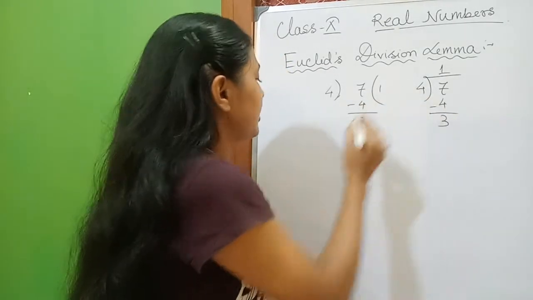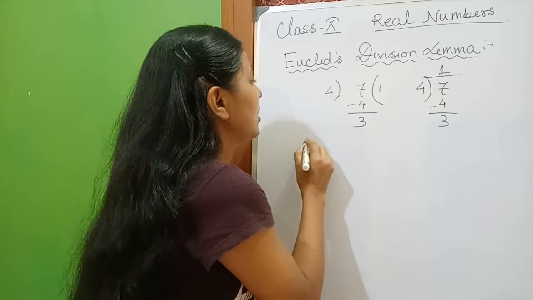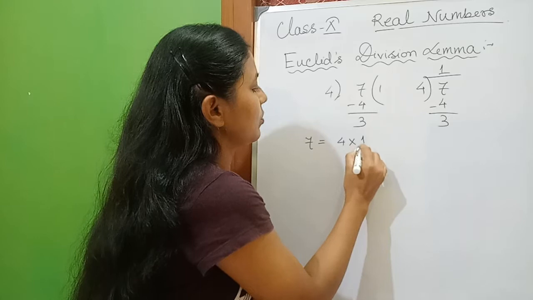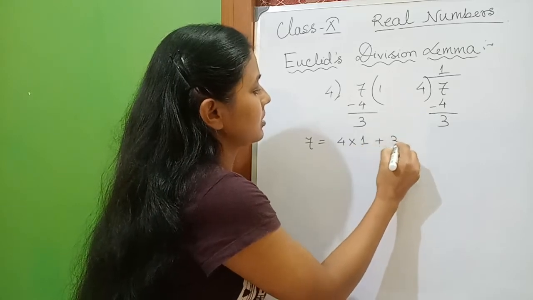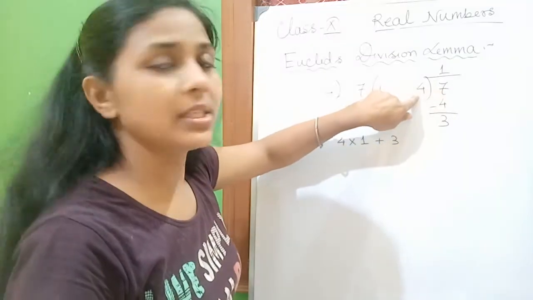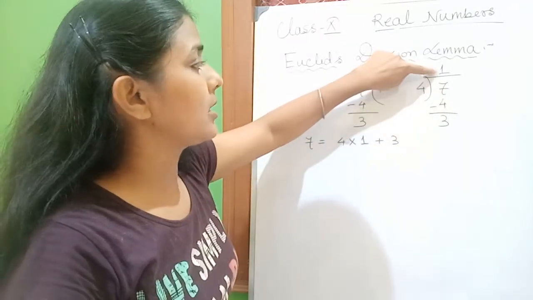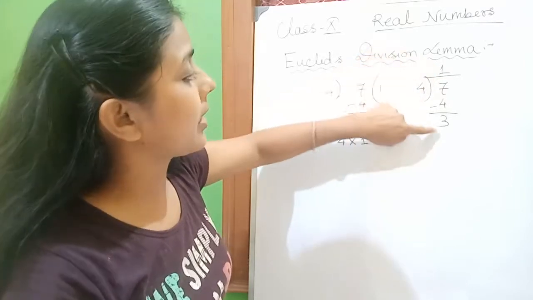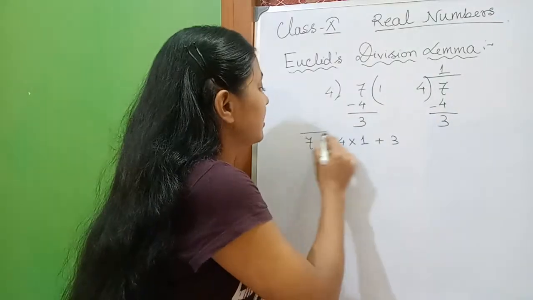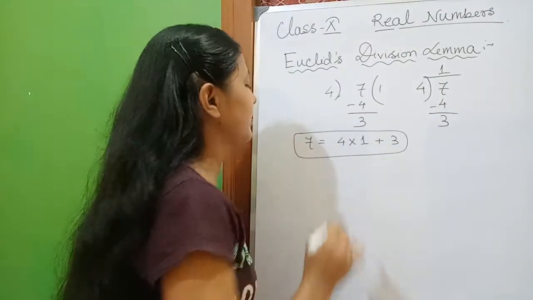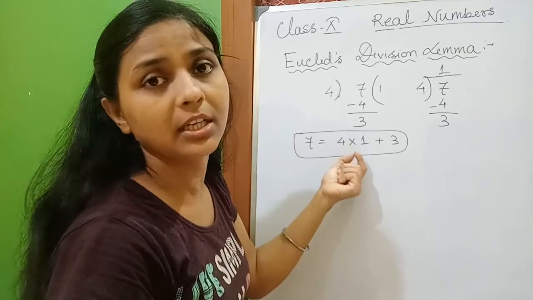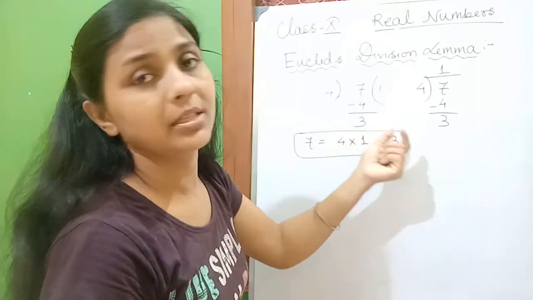So from this process we have got that 7 equals 4 into 1 plus 3, where 7 is the dividend, 4 is the divisor, 1 is the quotient and 3 is the remainder. From this you all know the statement that dividend equals divisor into quotient plus remainder.